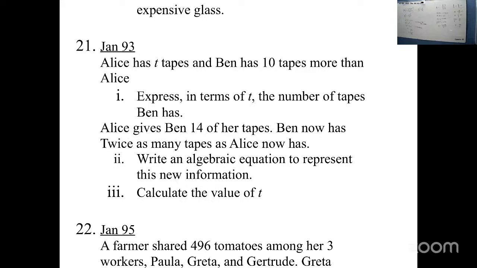So, 10, 17, right? I have set it up and solve the T. Part one is what?